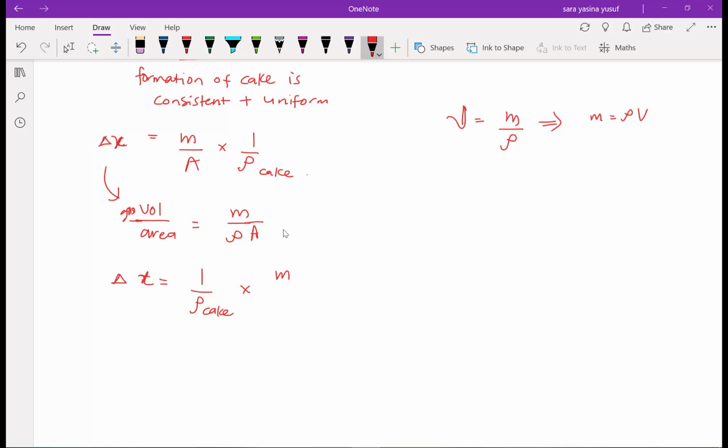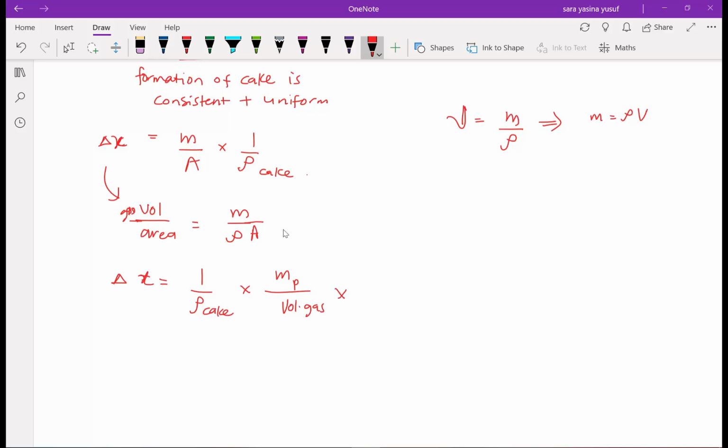M is the mass of particles that is retained on the surface, or some authors refer to it as the mass of particles or solids that is removed, over volume of gas.